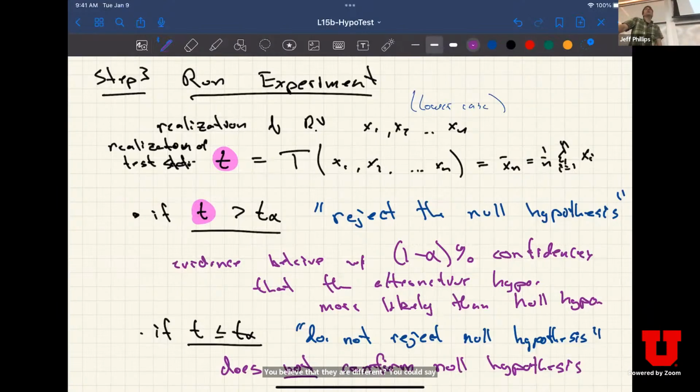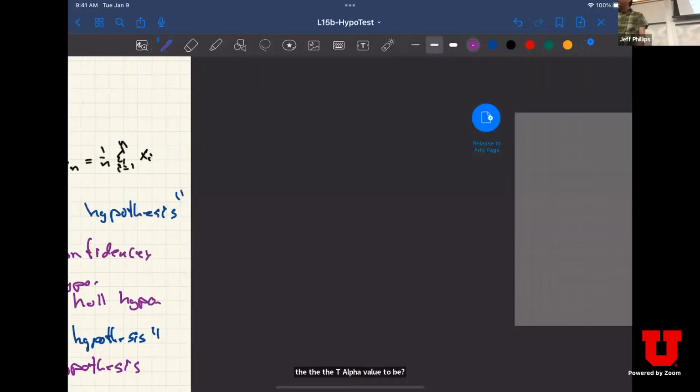What you would want to do is set up a value.